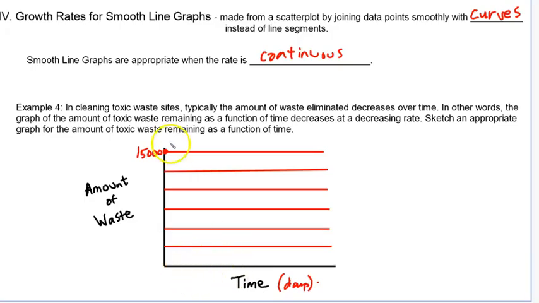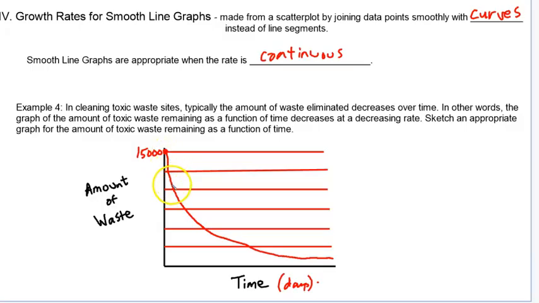Over time, as days pass, that amount is decreasing. However, we're going to reach a point where there's less and less waste to remove. So I started off going at a pretty good clip, but eventually I've got fewer tons of waste, and so this graph is going to flatten out a little bit until eventually it's going to get to 0. So we say that it's decreasing at a decreasing rate.